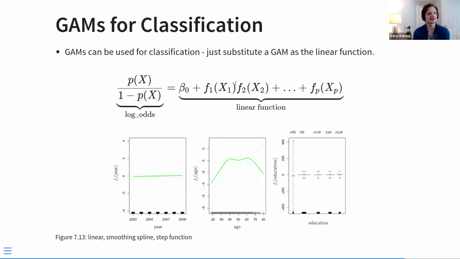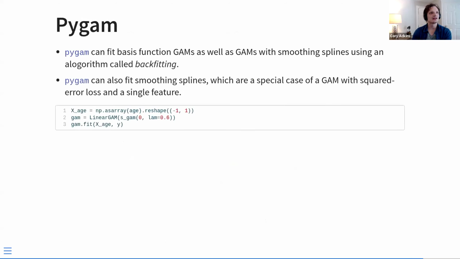Here they chose to do year using a linear function, age using a smoothing spline, and education again using a step function. They're really just linear models, I think that's the big takeaway. The only wrinkle is with smoothing splines, which we know from last time can't be represented in this basis function style.